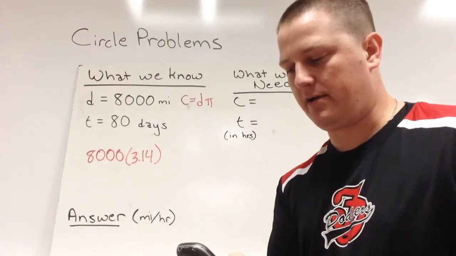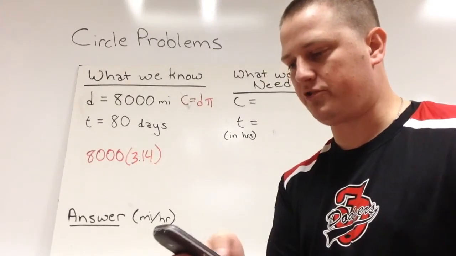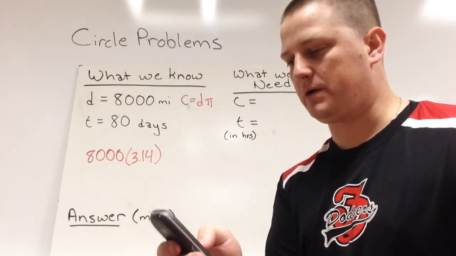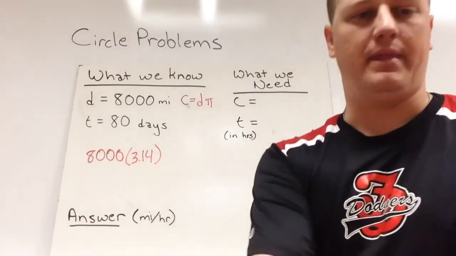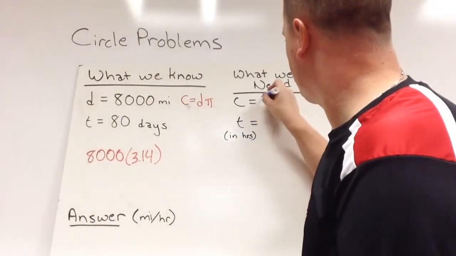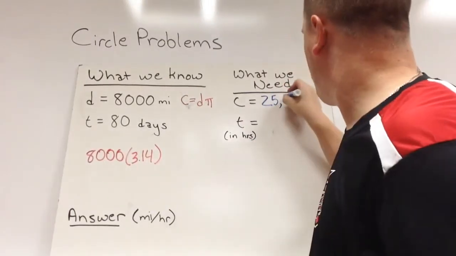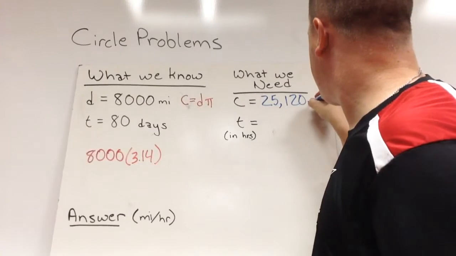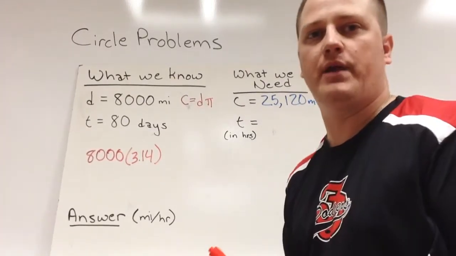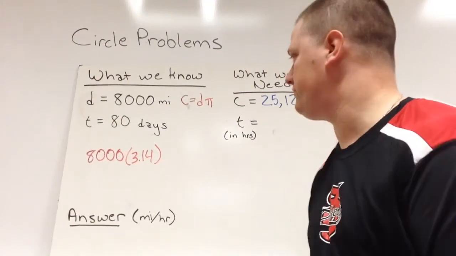So I'm going to take my calculator and go 8,000 times 3.14, and I'm going to get 25,120 miles. So now I know that the circumference is 25,120 miles.